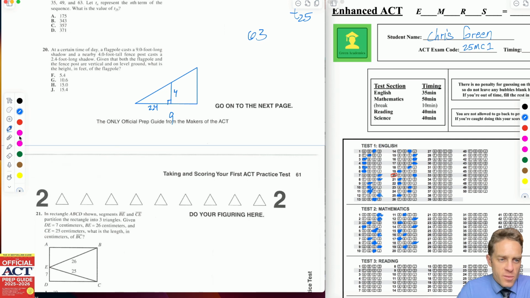So it's about proportionality of triangles, right? The small triangle, the 2.4 and the 4 triangle, is proportional to the big entire triangle. And the proportion would have been 4 is to 2.4, as this height here is to 9, right? The corresponding sides of the similar triangle. So 2.4h is 36, which makes h 15.